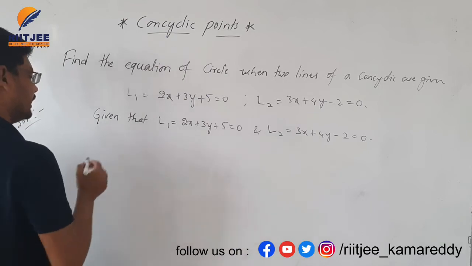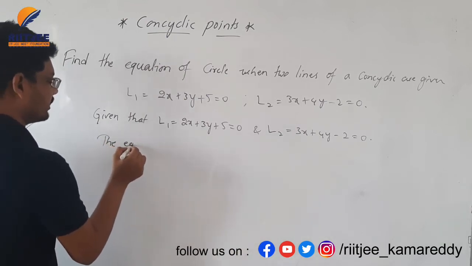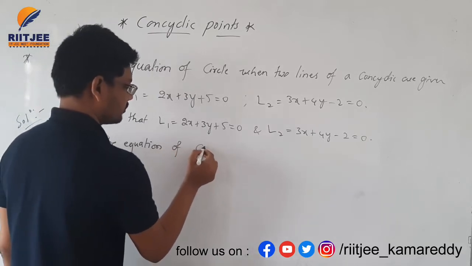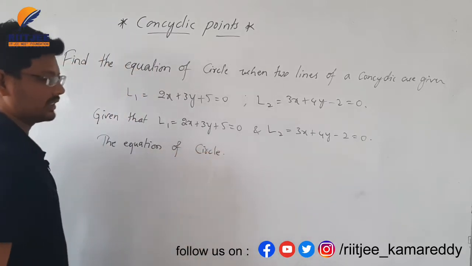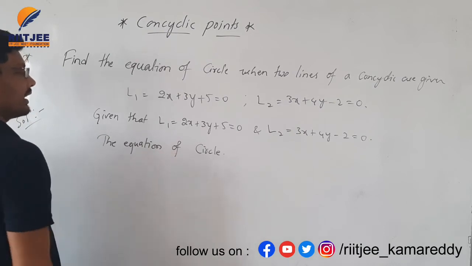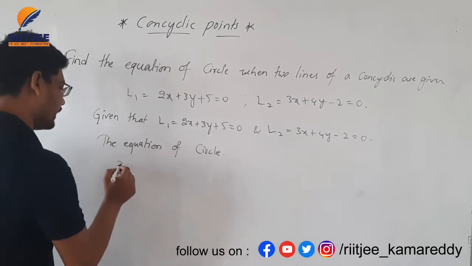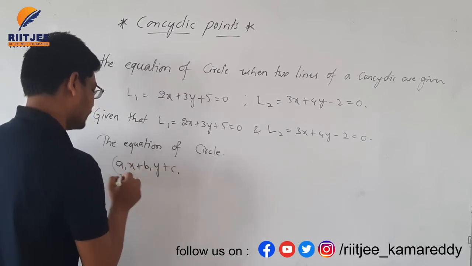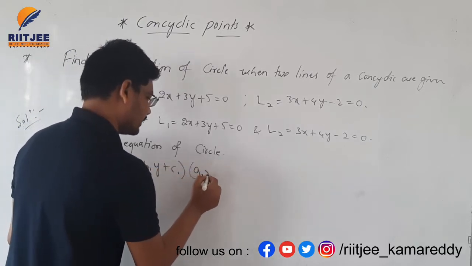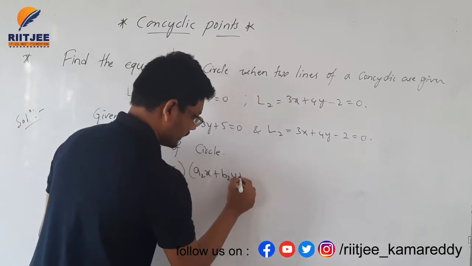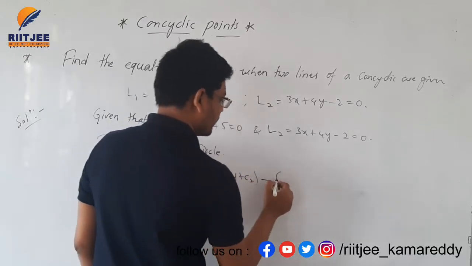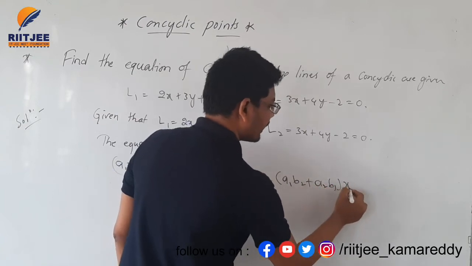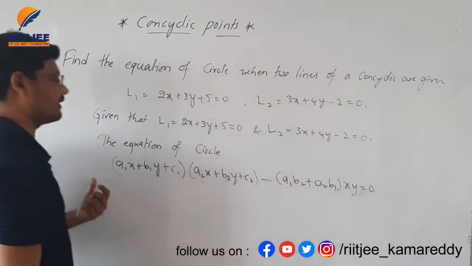And the equation of circle, let's substitute the values here. The formula: (a1x plus b1y plus c1) into (a2x plus b2y plus c2) minus (a1 b2 plus a2 b1) into xy equals 0. This is the equation of circle here.